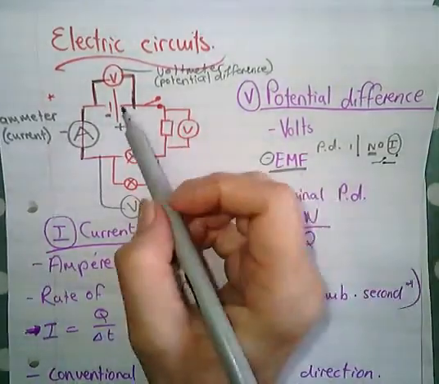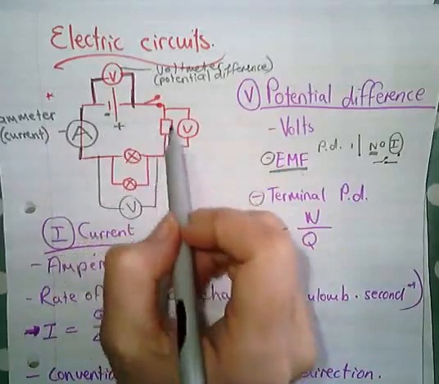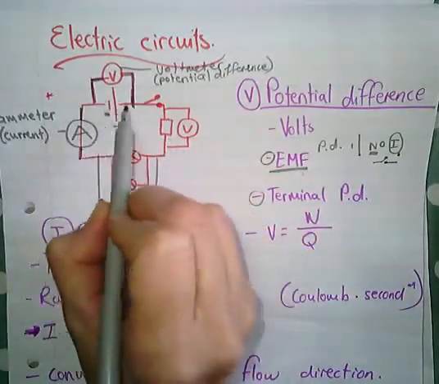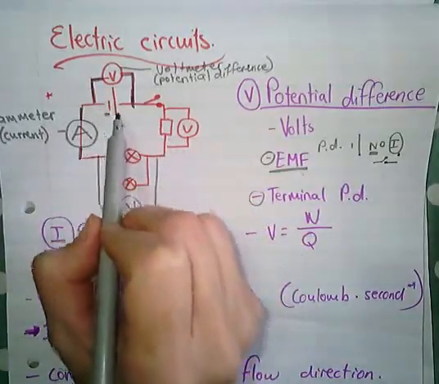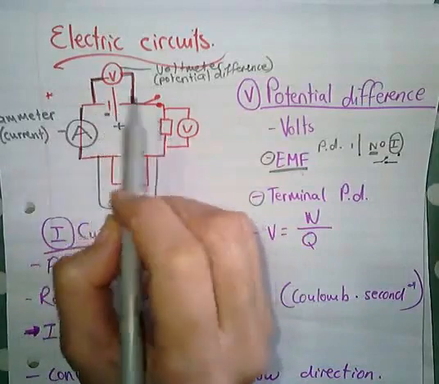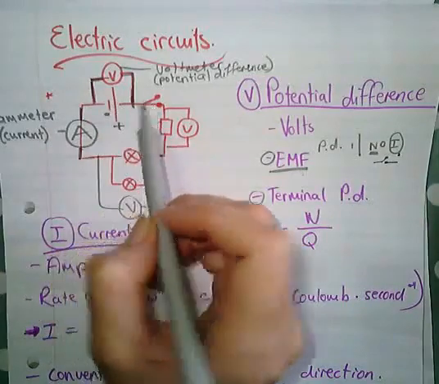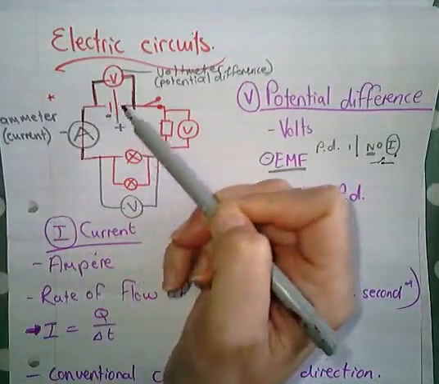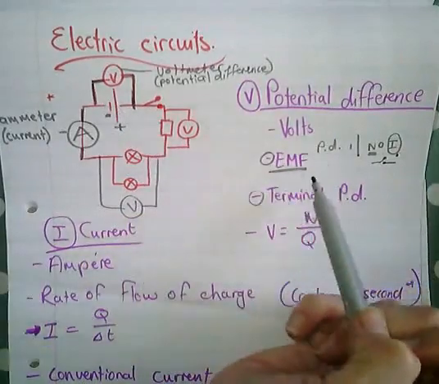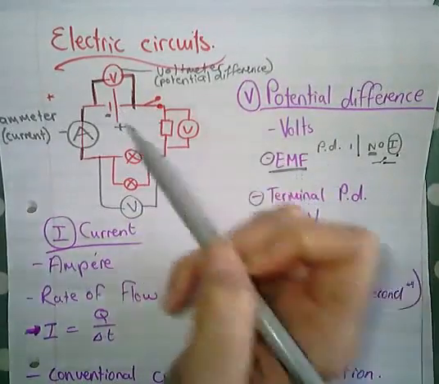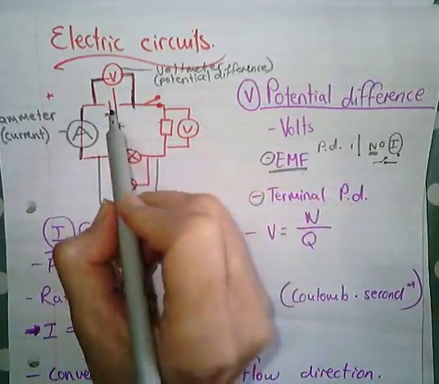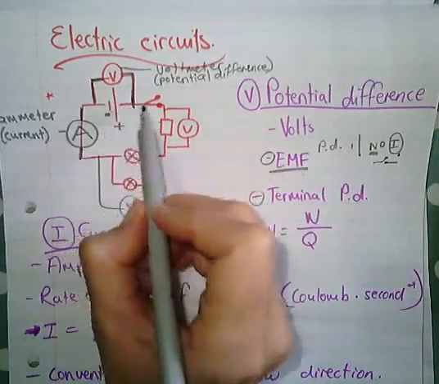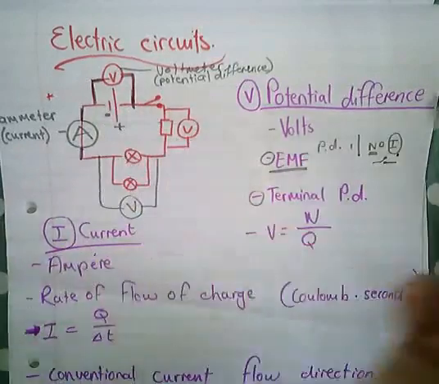But the moment there is current flowing, then inside the battery, there is what we call internal resistance. The internal resistance of the battery uses some of the total potential difference that the battery would have had. It uses it inside the battery while the current is flowing through it.